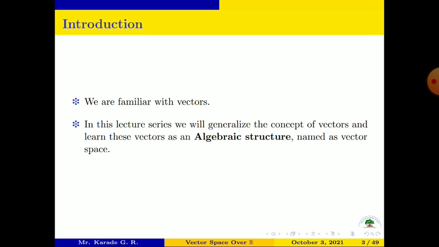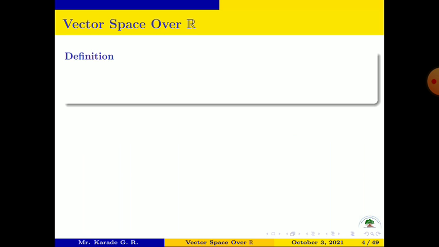So in this lecture series we will generalize the concept of vectors and learn vectors as an algebraic structure named a vector space. Let us define what is meant by a vector space.